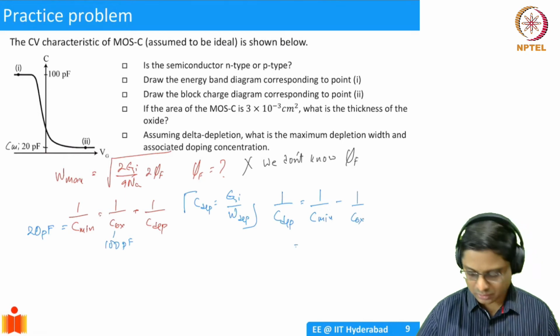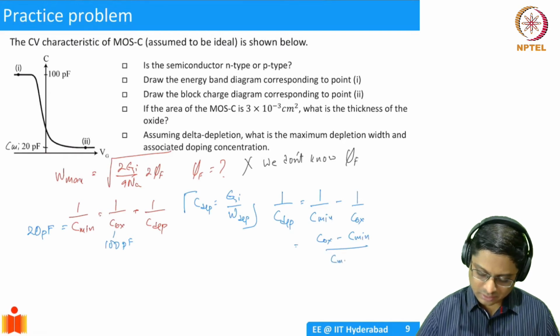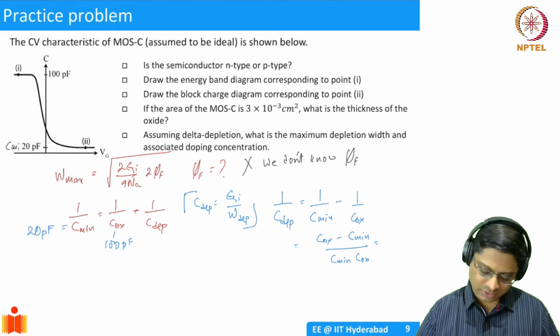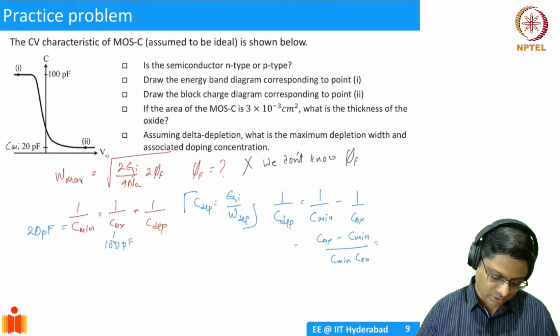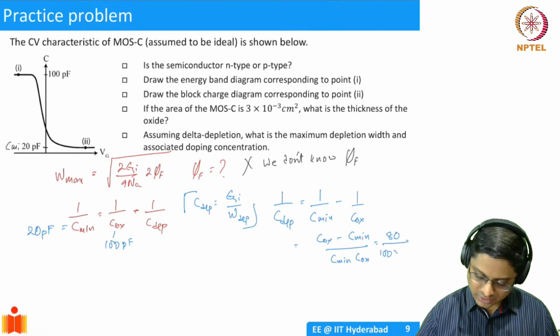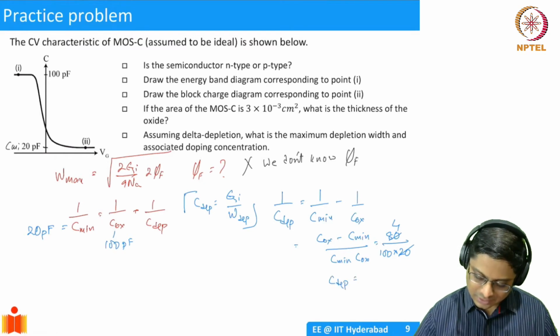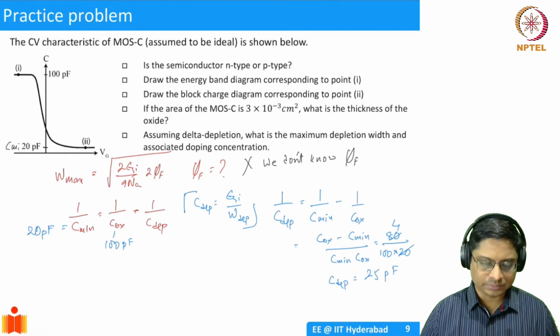So this will be equal to C ox minus C min divided by C min C ox. What is this? C ox is 100, C min is 20. So this will be 80 divided by 100 times 20. So this will be 4. And this is equal to 1 over C depletion. So I'll actually write C depletion as 25 picofarads. Okay. That's how it is.